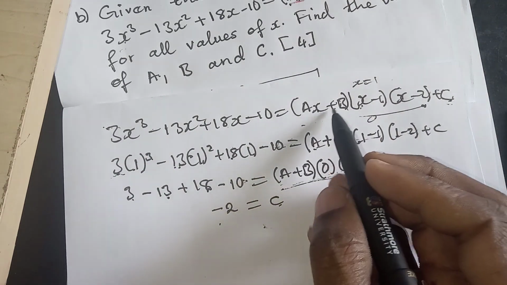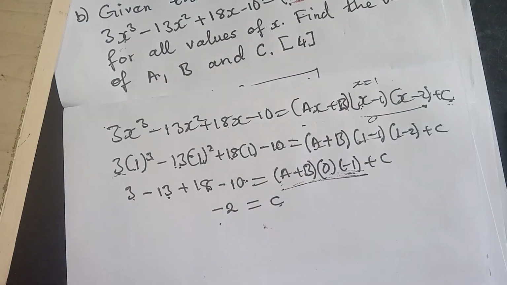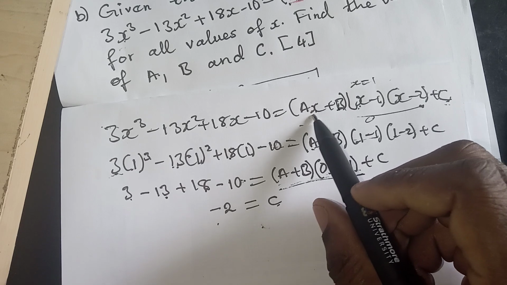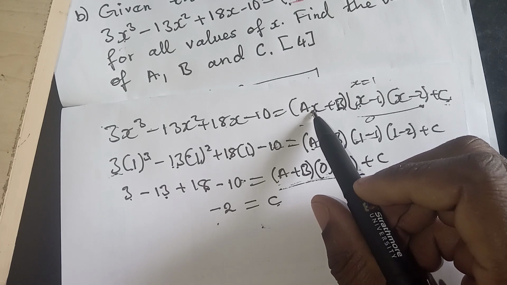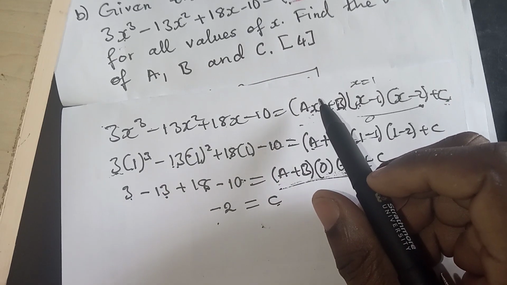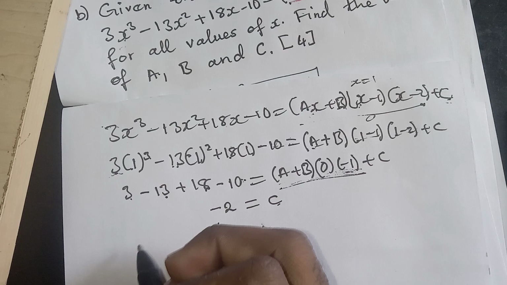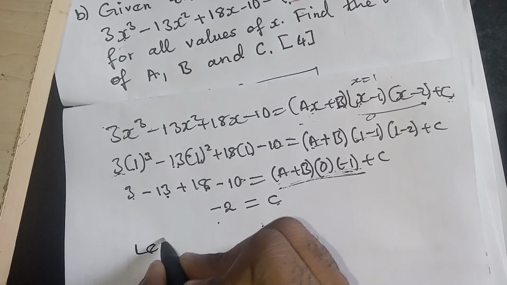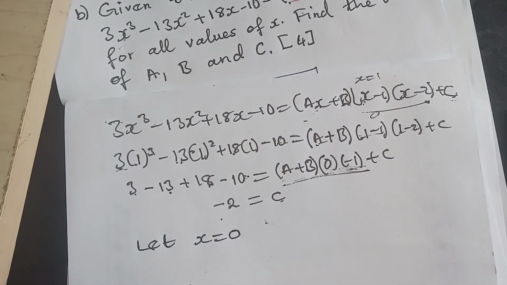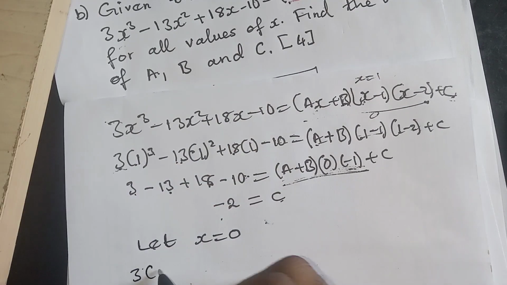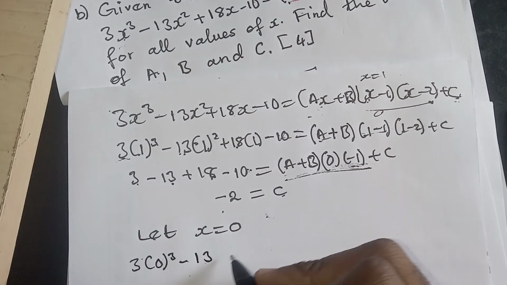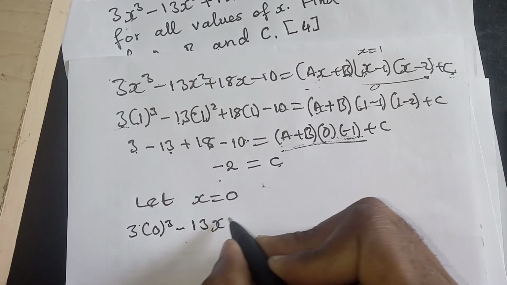And then next you can solve for b. I can pick x is equal to 0. As you can see, once you substitute a 0 in there, then the a will be gone. So let x be 0. So 0 is a very nice number to work with, provided you are not dividing.